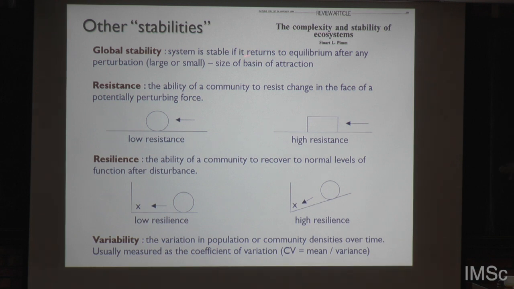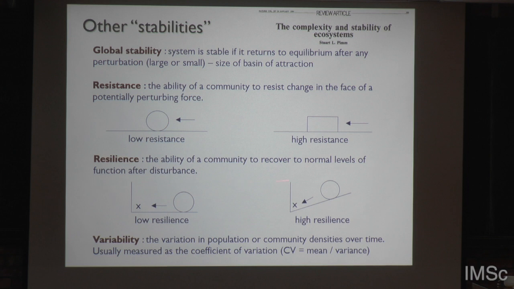Okay? It could be local stability like what Robert May had talked about, that is, does the system return after a small perturbation about its equilibrium. It could be global stability, where you are asking a question about the size of the basin of attraction of the equilibrium, that is, starting from any point in the system, do you go to a particular equilibrium or not.